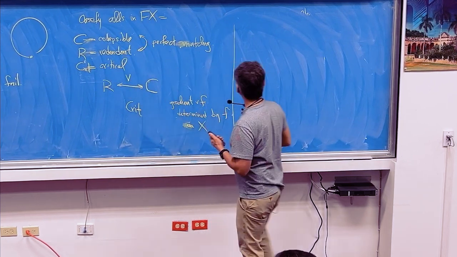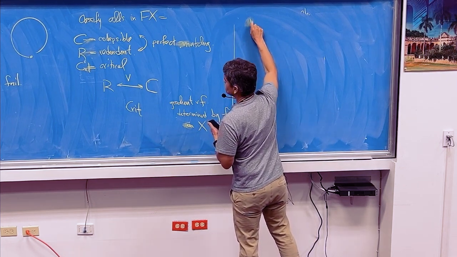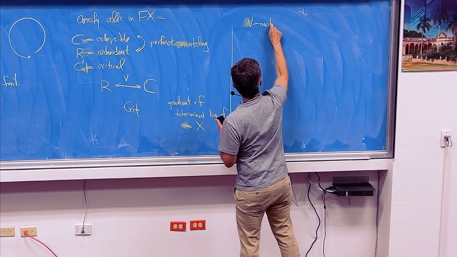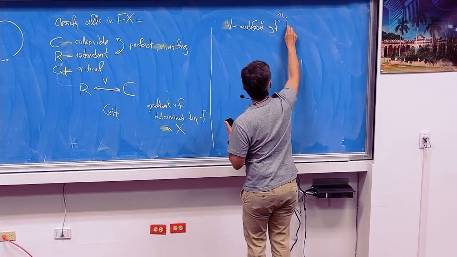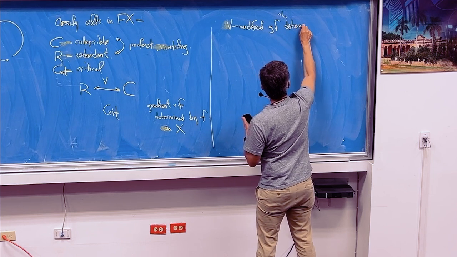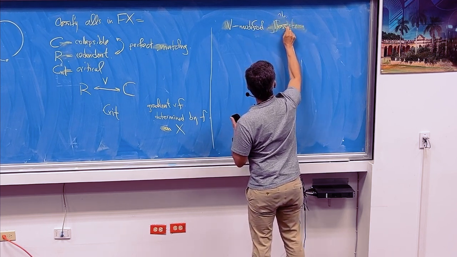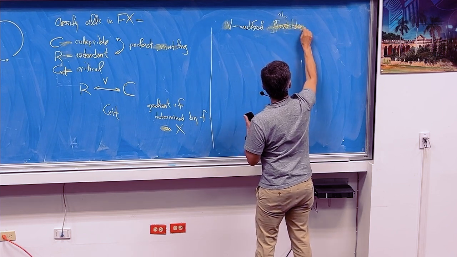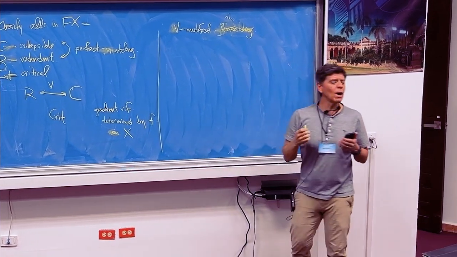Once I do that, I can talk about the modified Hasse diagram determined by the gradient field.